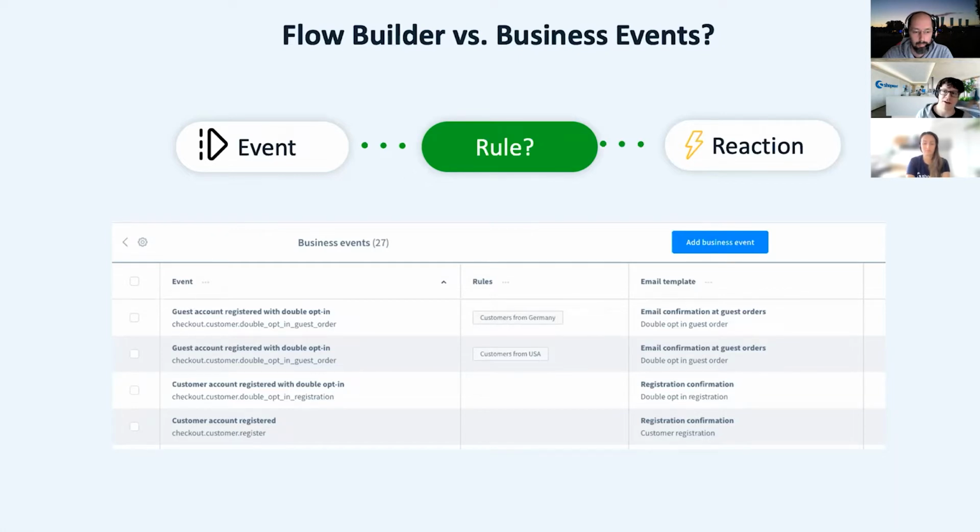And we try to migrate everything that's inside the business events right now into a flow, so that you don't have to manage both systems. They are going to be one in the long run. But this is basically the base for the flow builder, where we come from and what it extends. So important for you, if you have many business events, in the long run the system will go into the flow builder. And we provide a migration path here, but about the details, maybe that's something for the Q&A.